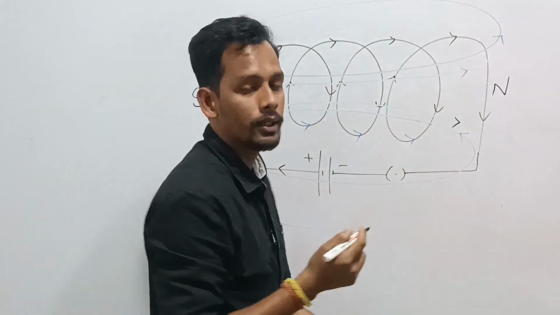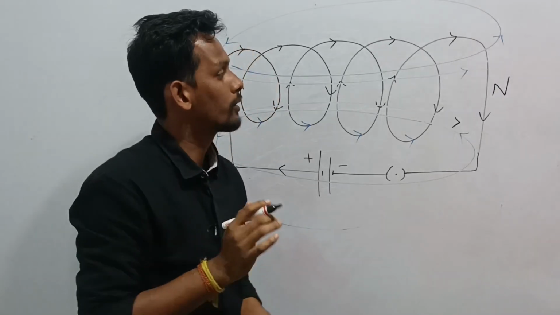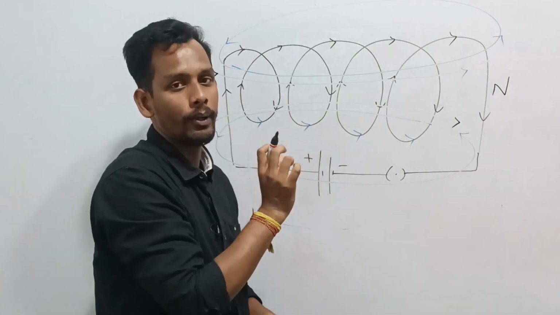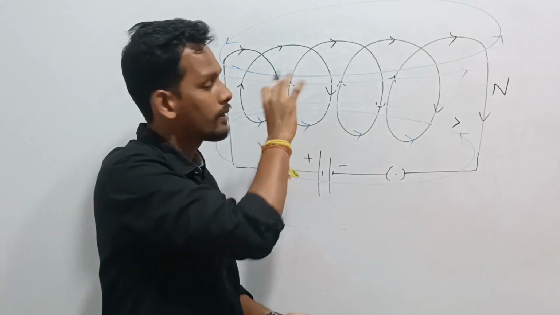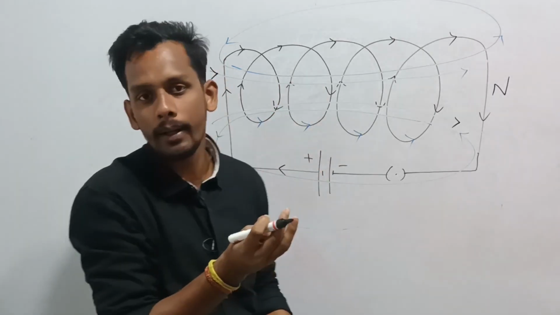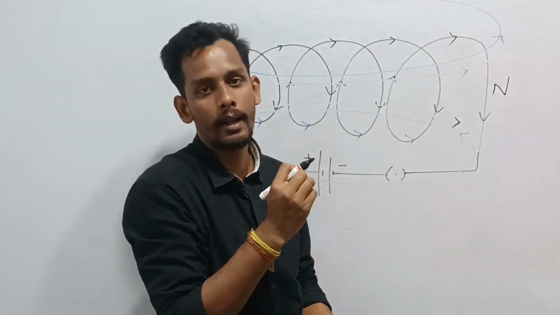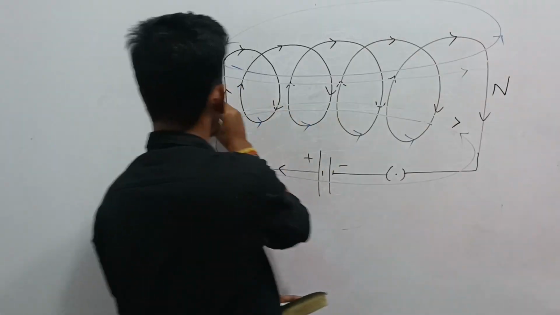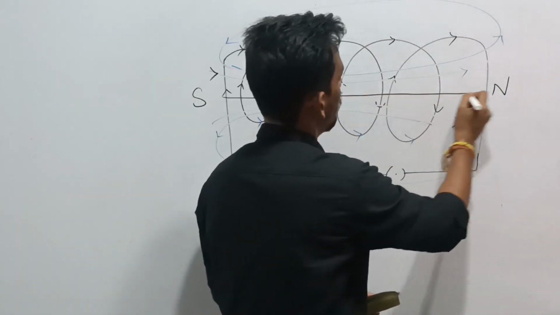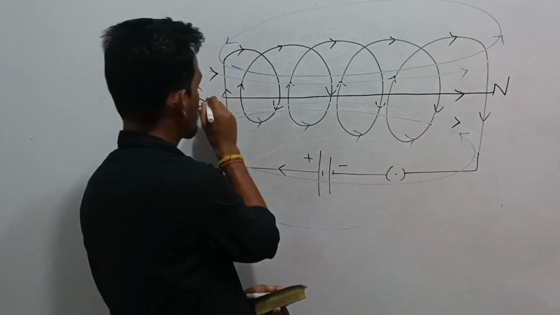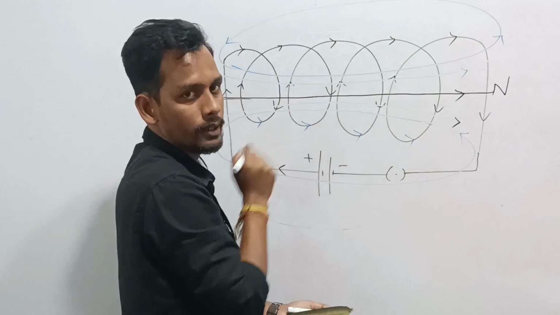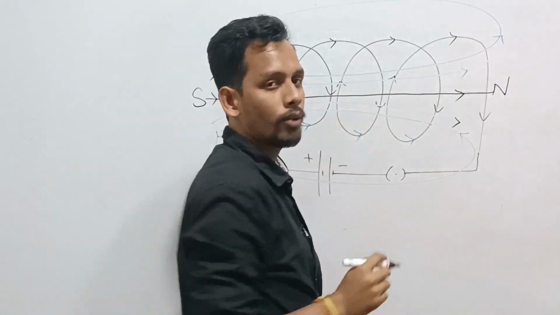So if the question is like this, state two methods by which you can prepare a magnet, you can write about the solenoid, you can write about the bar magnet, you can write about the circular current carrying loop. So this will be north, this will be south. And same at the center of the solenoid also, it will be a straight line. Straight line means infinite circle, a circle of infinite radius. Clear? So this is a solenoid.